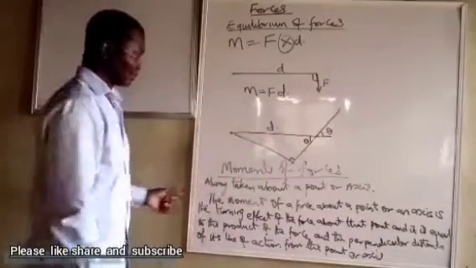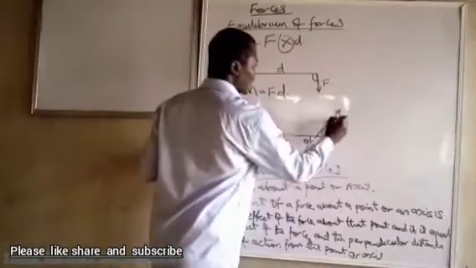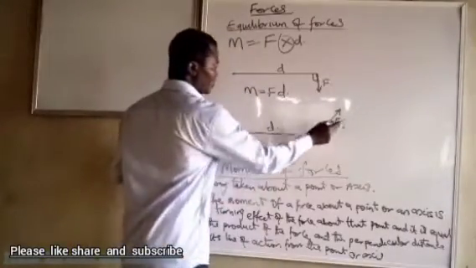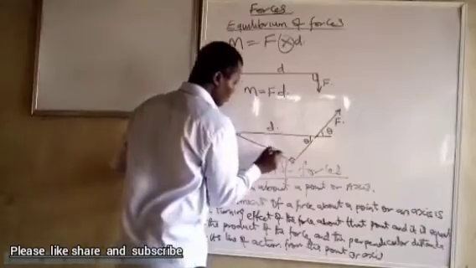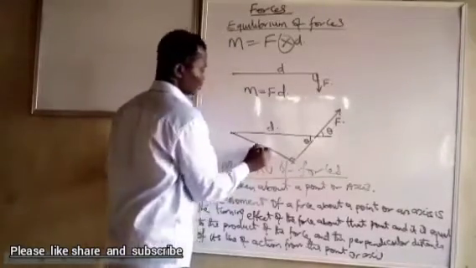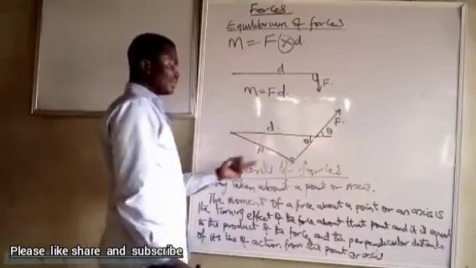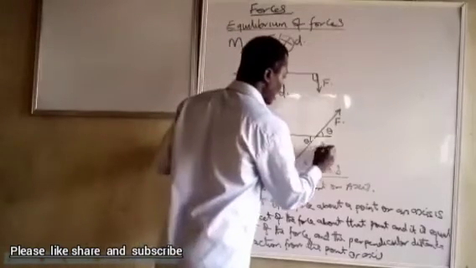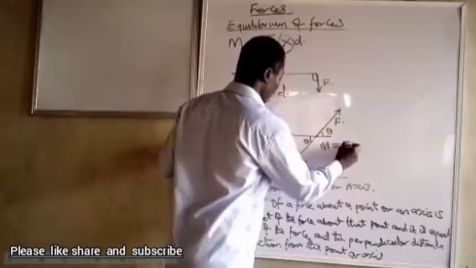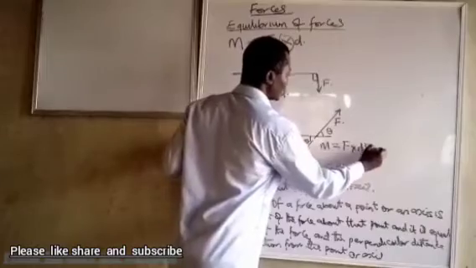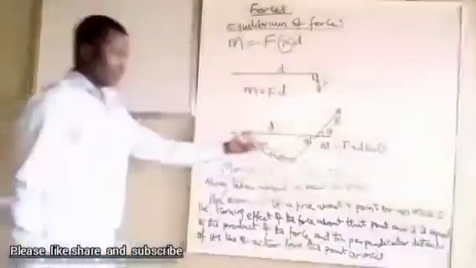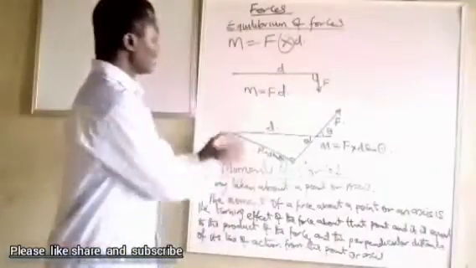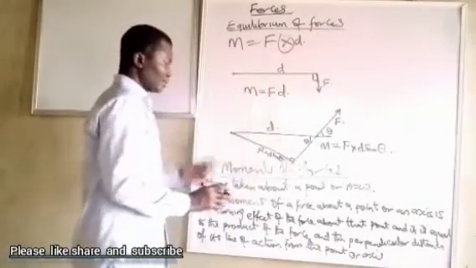By the time you resolve this, F goes like this, and P is D sine theta. So in this instance, M will be equal to F times D sine theta. That's why we call it the cross product.